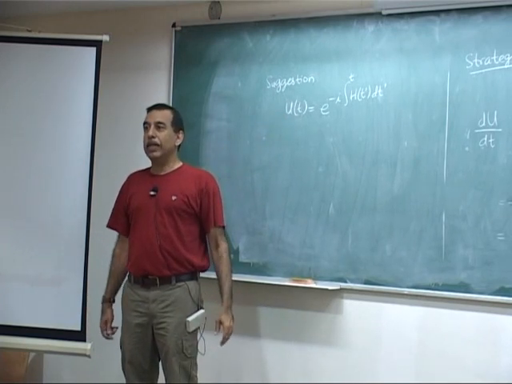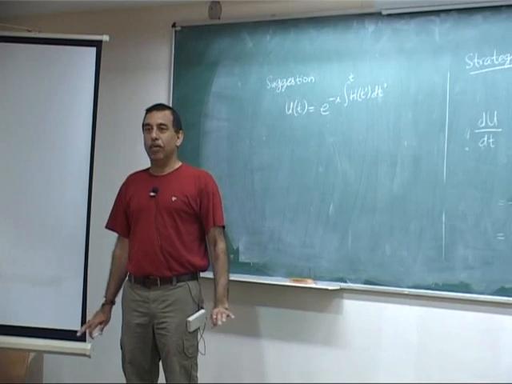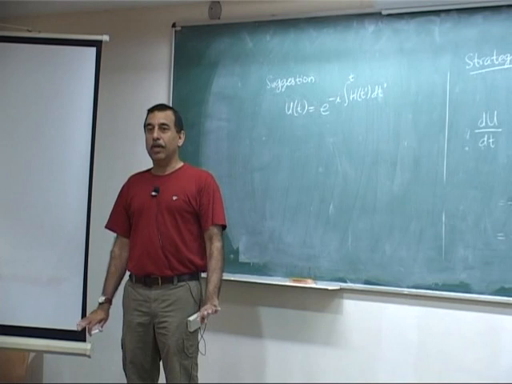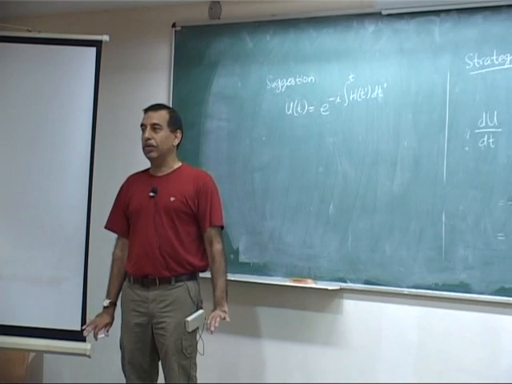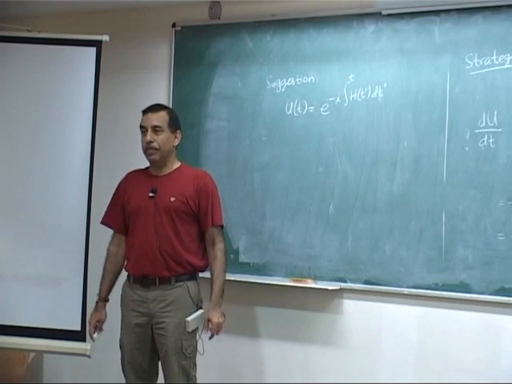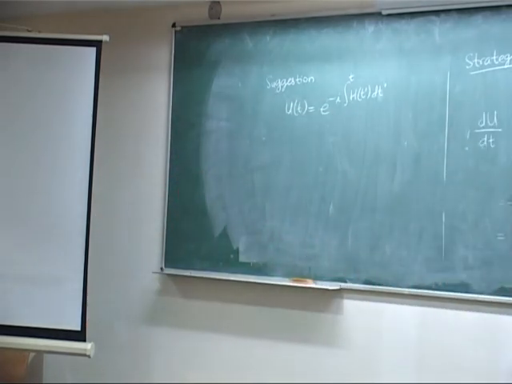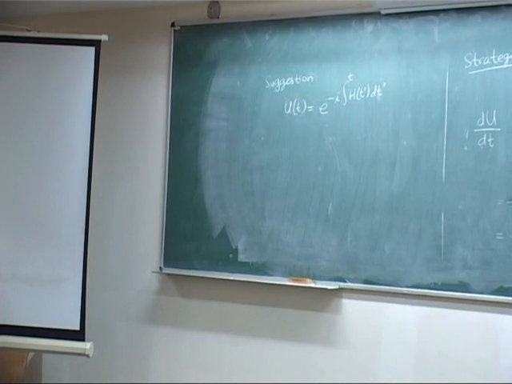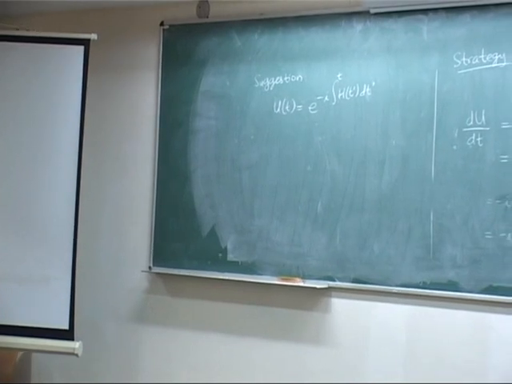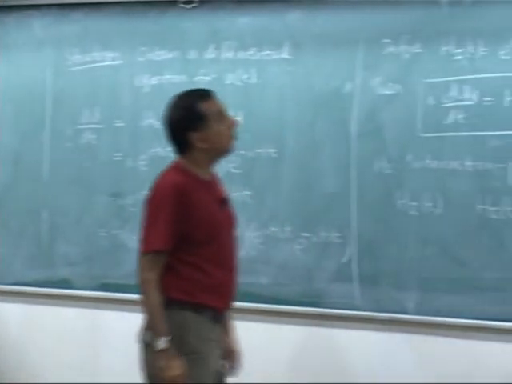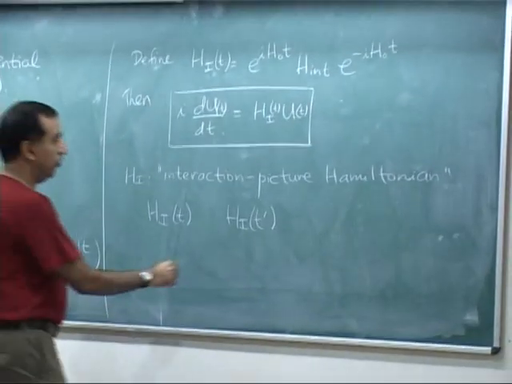See, there's no problem integrating an operator equation like a normal equation as long as the different operators commute, or otherwise you take care of the fact that they don't commute. Now the key result here is that H_I at t and H_I at t prime do not commute.